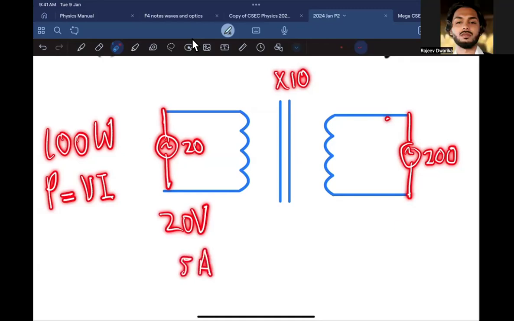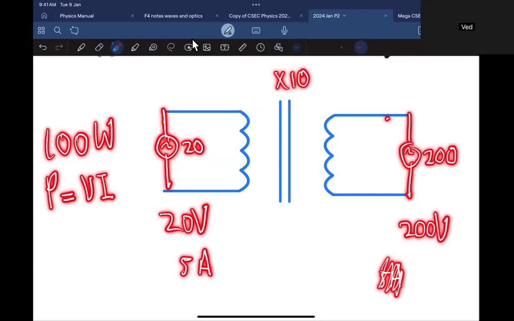But if I increase the voltage to 200 volts, you think I can still have 5 amps? No, because where am I getting that power from? If I pay in 100 watts, how am I going to possibly get 10,000 watts? So you understand that the current is going to decrease. The new current is going to be 0.5 amps.